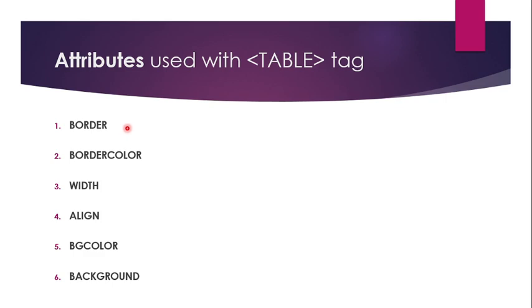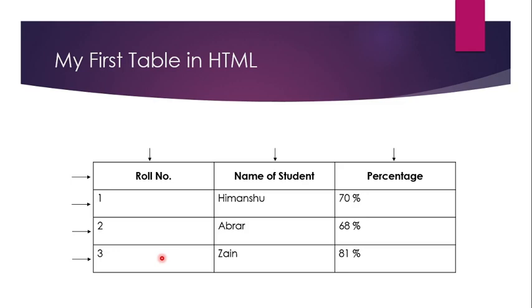The first attribute is border, second is border color, third is width, fourth is align, then bgcolor and background. You need not know the functions of these now. When I show you practically, I will explain each and every attribute. Okay, so we are going to create our first table in HTML.